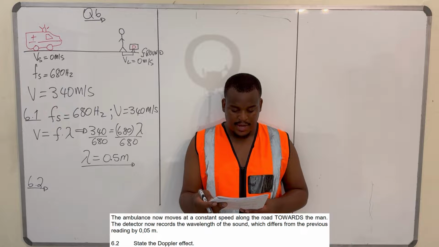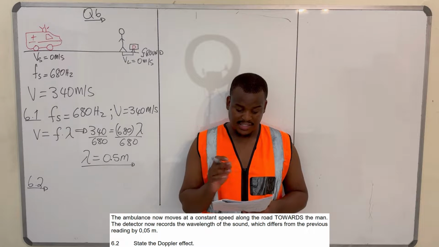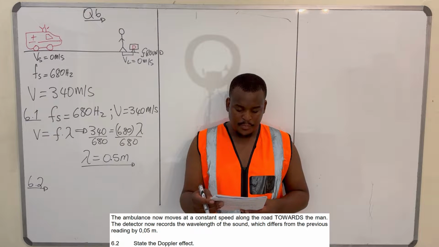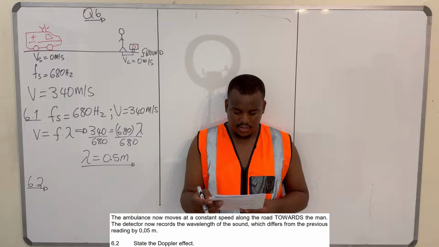They are saying the ambulance now moves at a constant speed along the road towards the man. The detector now records the wavelength of sound, which differs from the previous reading by 0.05 meters.